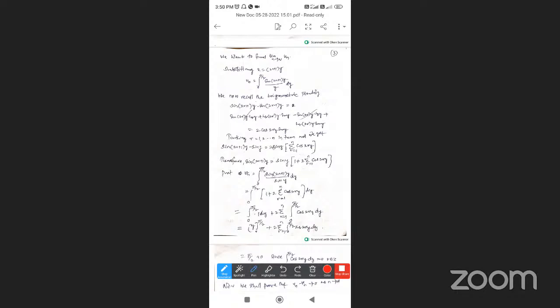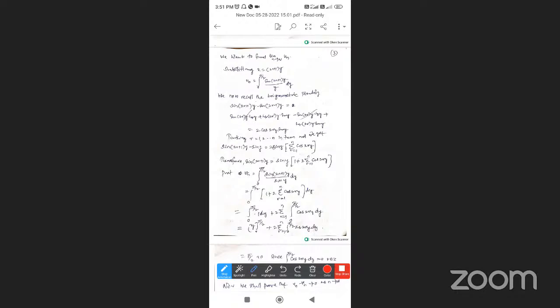We now recall the trigonometric identity. What is the identity? sin (2r plus 1) y minus sin (2r minus 1) y, that is sin A minus sin B. The sin (A plus B) formula is sin A cos B plus cos A sin B, and the sin (A minus B) formula is sin A cos B minus cos A sin B. Minus of minus becomes plus, so these two terms cancel.